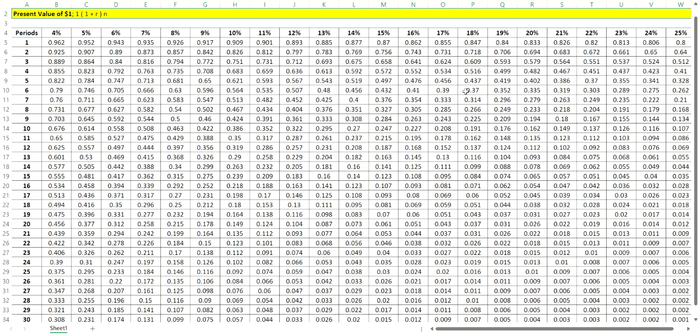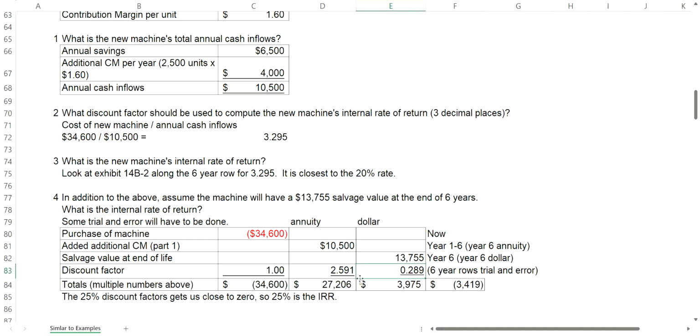So 6 years, 25% right here, 0.262. Oh, and I reversed the numbers there. Sorry, it was 2.951. Okay, make sure you look at the tables correctly.